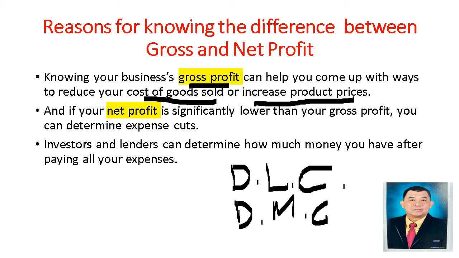Number two, if your net profit is significantly lower than your gross profit, so gross profit is here, net profit is very low, no? What is the strategy? You can determine your expense cut or cost savings, no?